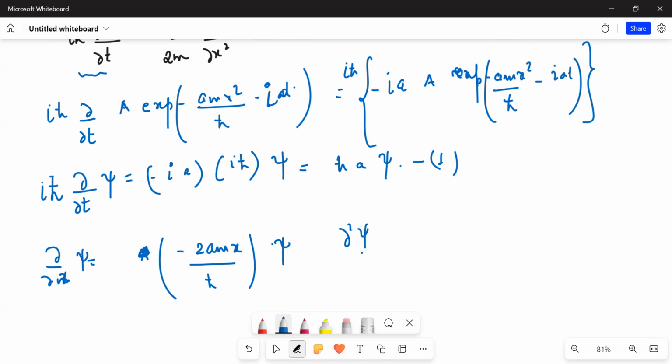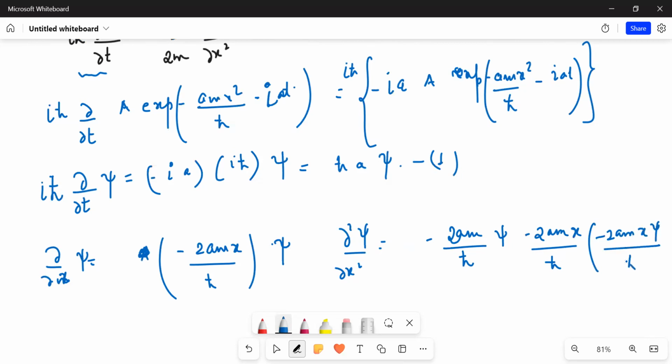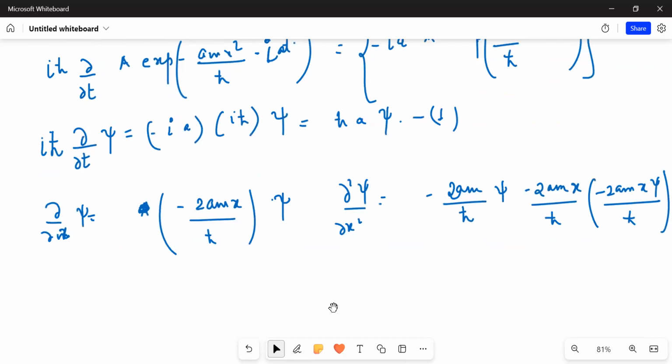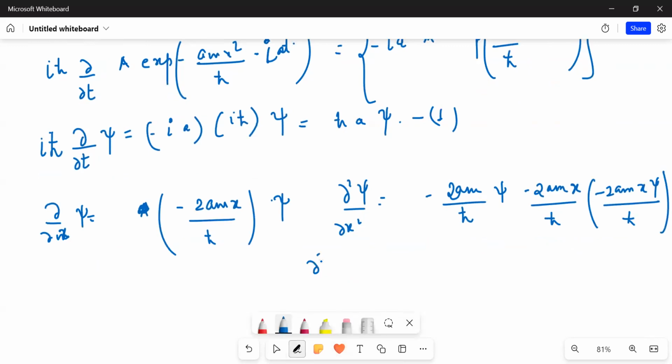If I want to find the second derivative, it would be minus of 2am upon h cat and then psi, and then minus of 2am x upon h cat, and then you have del psi upon del x, which I'm going to write directly as 2am x psi upon h cat. So overall, I will get this thing. This is del square psi upon del x square, which is equivalent to 2am upon h cat.